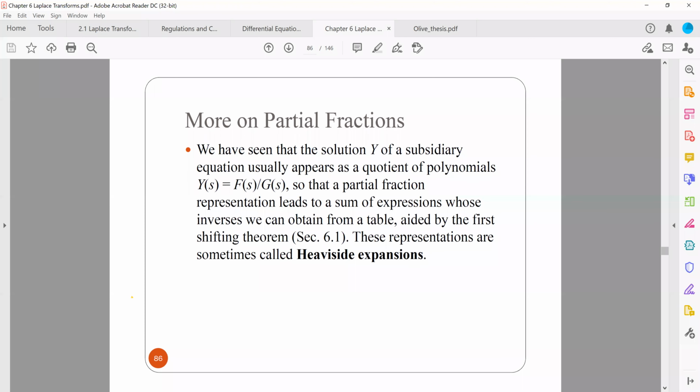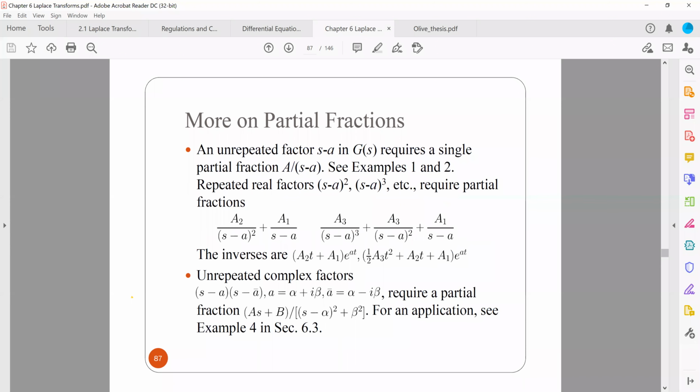More on partial fractions. A note here. If you have repeated factors, like in here, if you do your partial fractions and you end up with something like s minus a squared, then when you're creating partial fractions you have to have these terms.